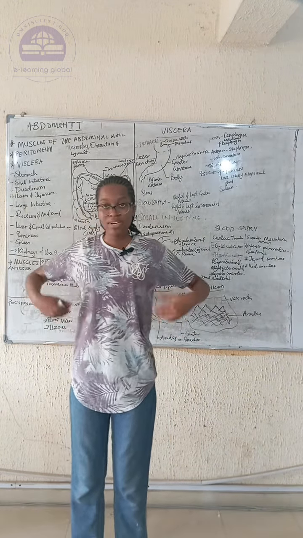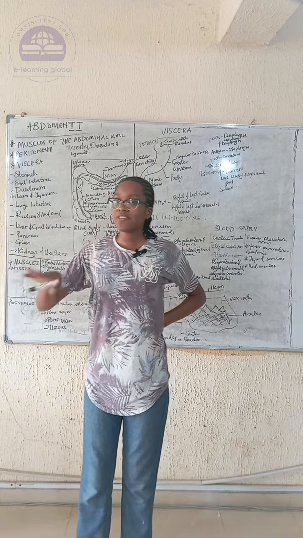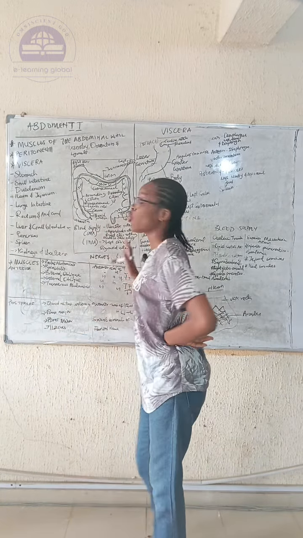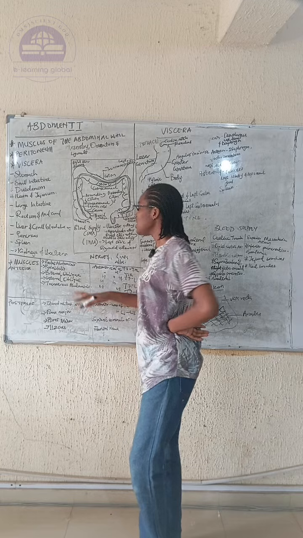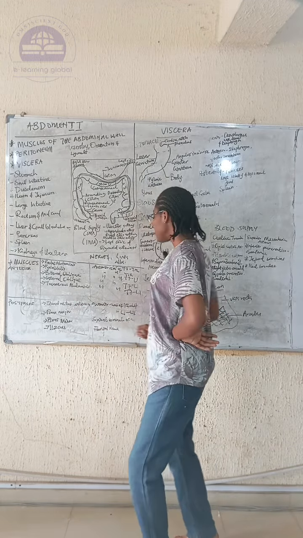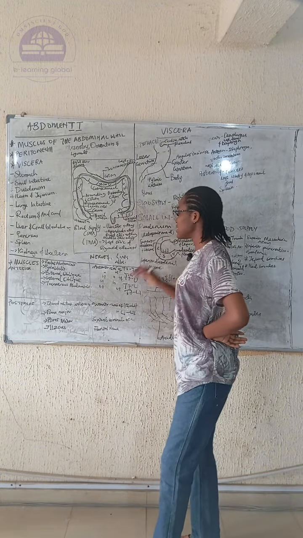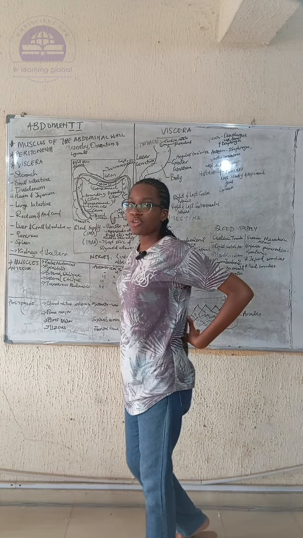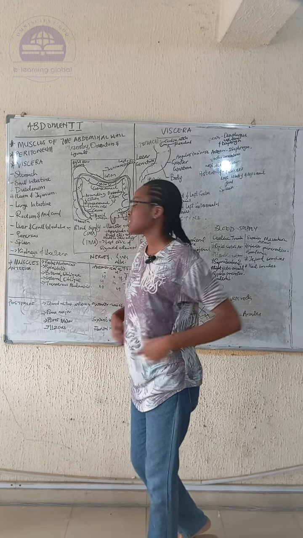So in rib 12, the part closest to the midline of the body, in its inferior border, serves as a point of attachment for the quadratus lumborum, and then it inserts in the iliac crest.